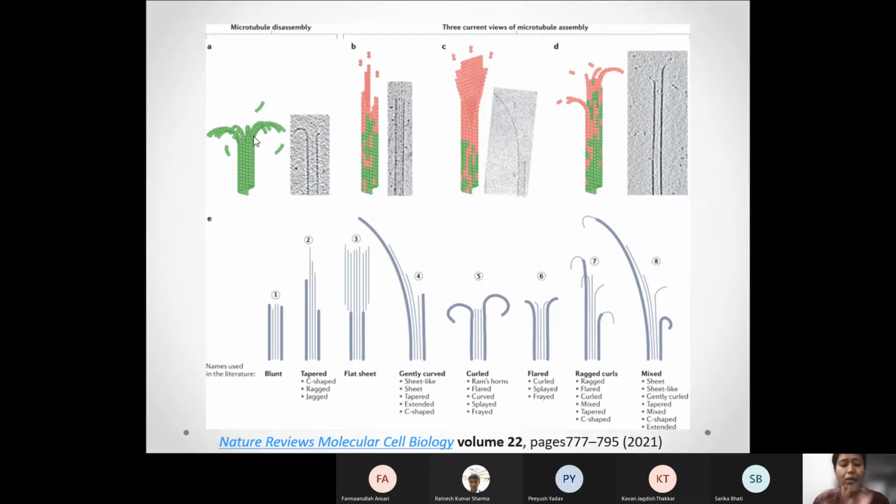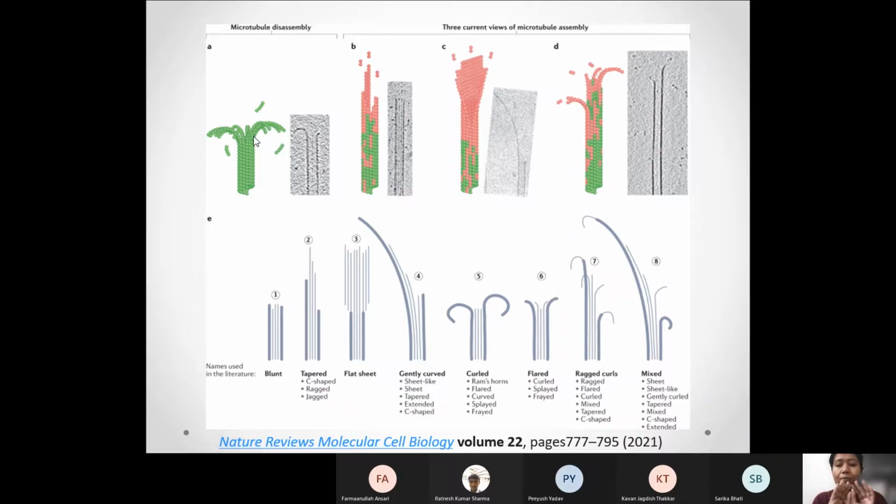So one is that you have this nucleation center and you're adding protofilaments to it, forming this entire cylinder, and the cylinder grows by adding more dimers to the end. The other is that at the microtubule organization center, you're forming these protofilaments like a sheet, and at some point it folds. Another hypothesis is that it could be something in between.